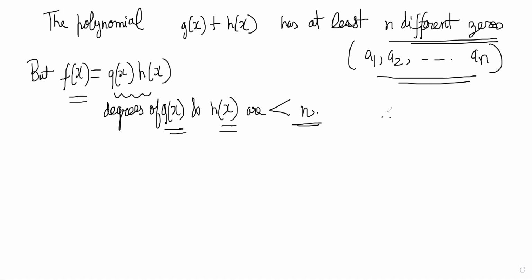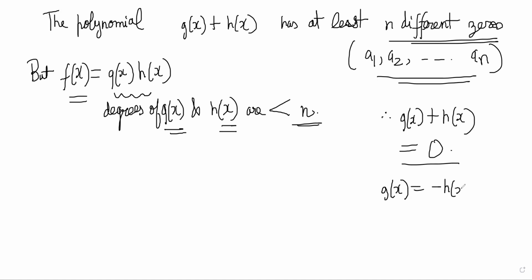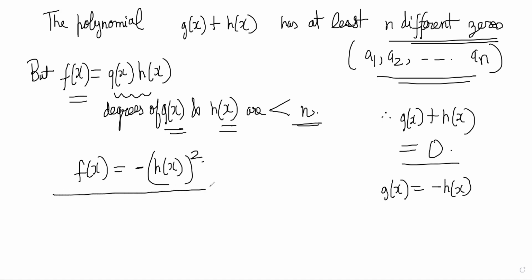That means, therefore, g(x) plus h(x), since it has more roots than its degree, is identically equal to 0. So we get g(x) is equal to minus h(x). And now we are getting f(x) as negative of h(x) whole squared.